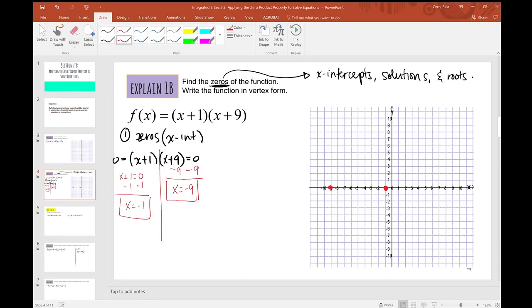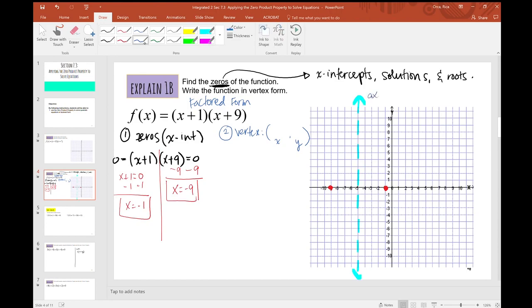Now that we've plotted our zeros, let's go ahead and find the vertex of this function and then write the function in vertex form. Since this function is in factored form, we need to locate the vertex by looking for the middle. The middle number between -9 and -1 would be -5.